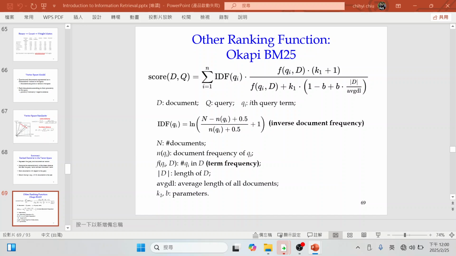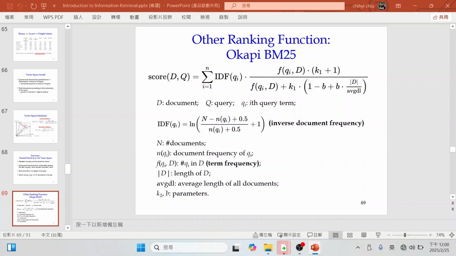This slide introduces another ranking function. It's called BM25. It's a well-known measure to calculate the scores between the document and your query. Here it also uses the IDF, inverse document frequency, and the term frequency is a function f. By using these equations, the IDF is calculated like this.